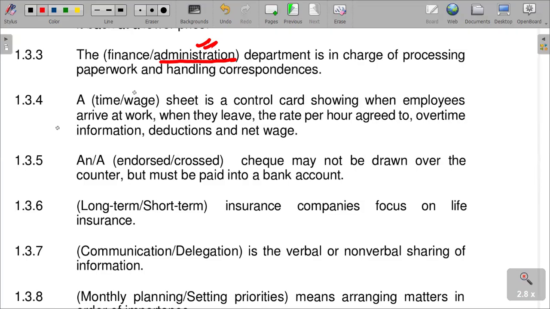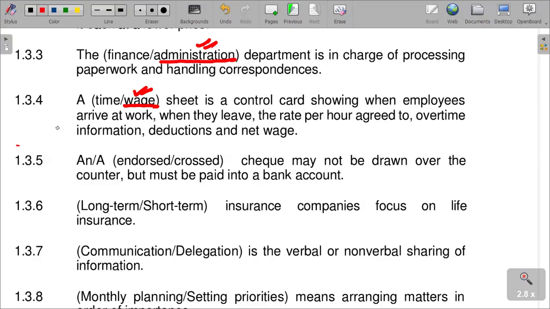The wage sheet is a control card showing the time that employees arrive at work, when they leave, the rate per hour agreed, how much money is paid per hour, and also overtime information. It is on the wage sheet.